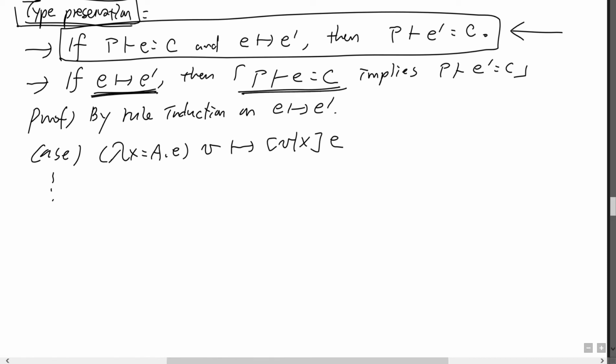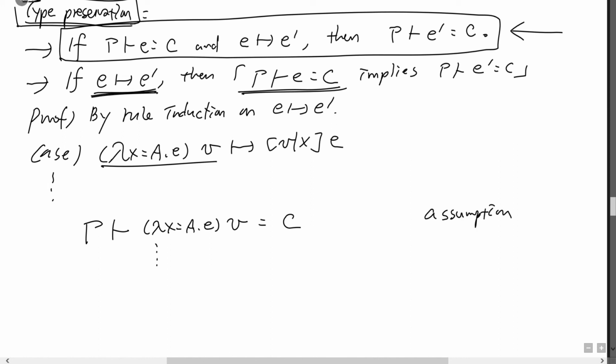So let's assume gamma, lambda x a dot E, value v, and this is of type C. This is going to be the assumption.